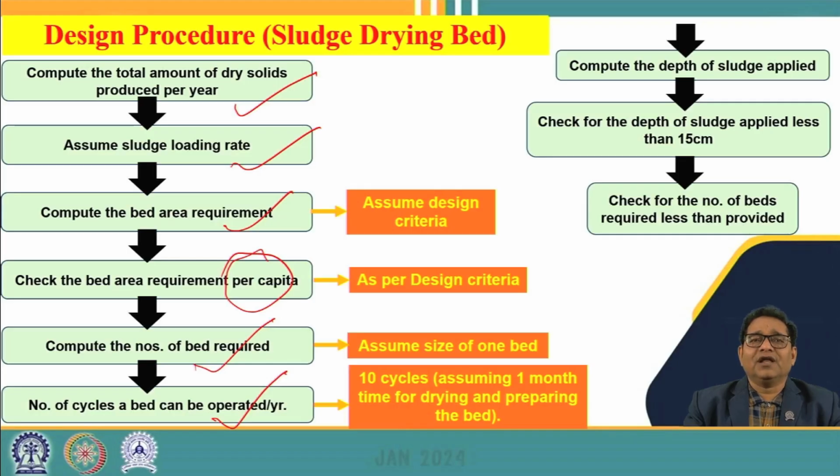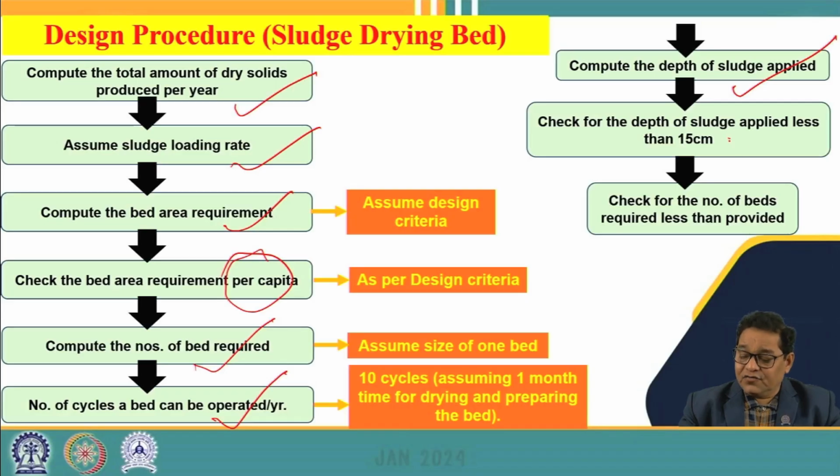So assuming 2 months of rainy season, when the sludge drying bed operations are discontinued, and 1 month taken for one cycle to complete, out of 12 months we can have 10 cycles. So depending upon the number of cycles we can operate in a year, we can calculate the depth of the sludge that is applied over the sludge drying bed.